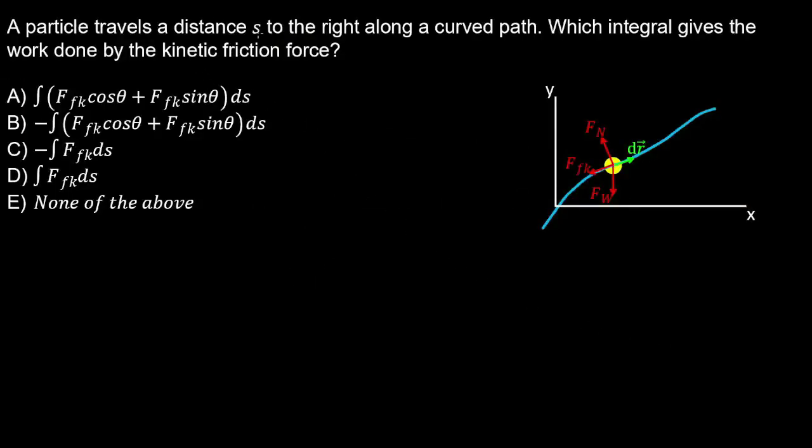A particle travels a distance s to the right along a curved path. Which integral gives the work done by the kinetic friction force? Well, recall that the work integral is the integral of the dot product of the force and a displacement vector.